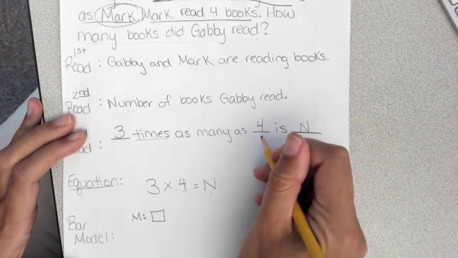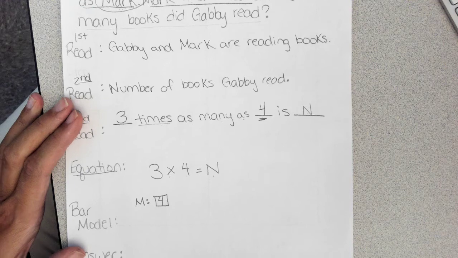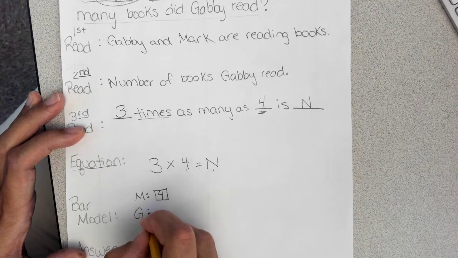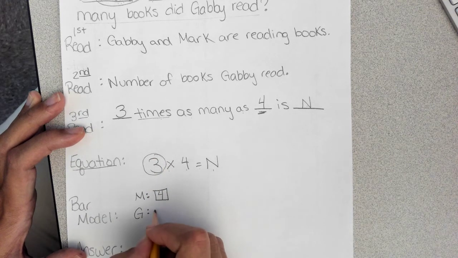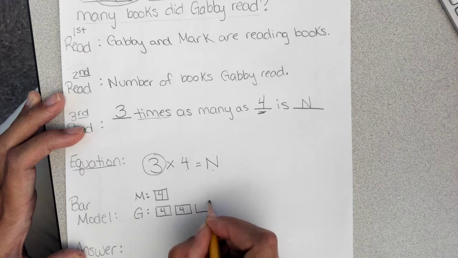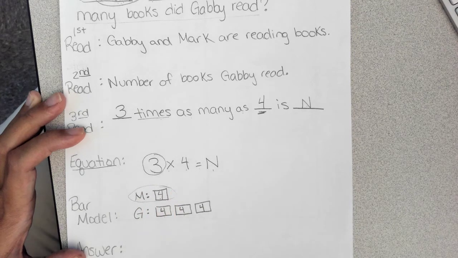Mark read 4. So we're going to represent Mark in this box. And then to show Gabby, we will have 3 times as many. So we need 3 sets. So we have 1 set of 4, 2 sets of 4, and 3 sets of 4. So this shows that Gabby read 1, 2, 3 times as many as Mark.